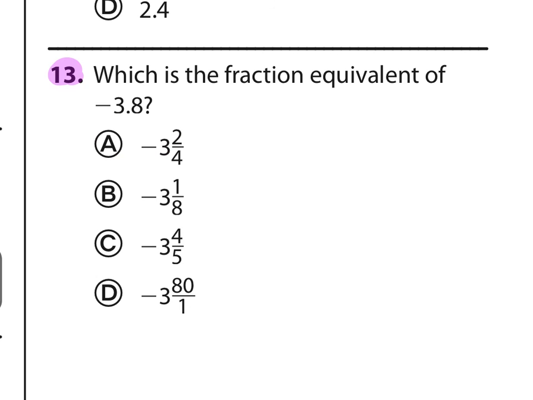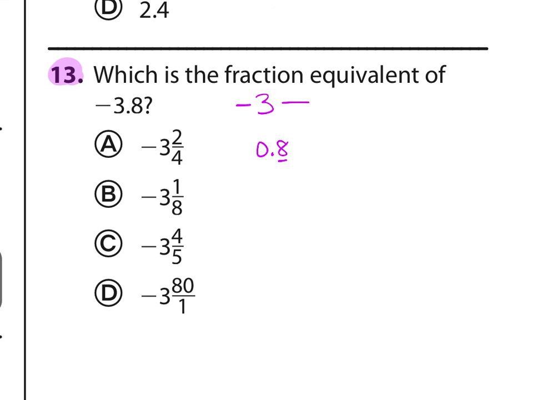Number 13, what's the fraction equivalent of negative 3.8? Well, I know it's going to be negative 3 and some fraction, whatever 0.8 would be. So I have 0.8, and I want to represent it as a fraction. So I can remember what this means. This is called 8/10.